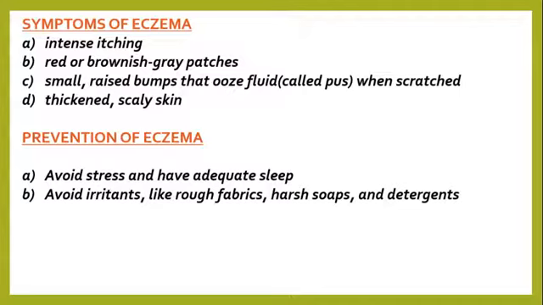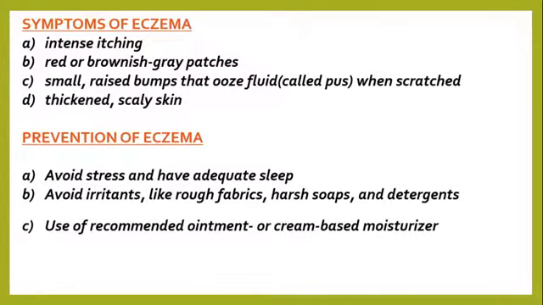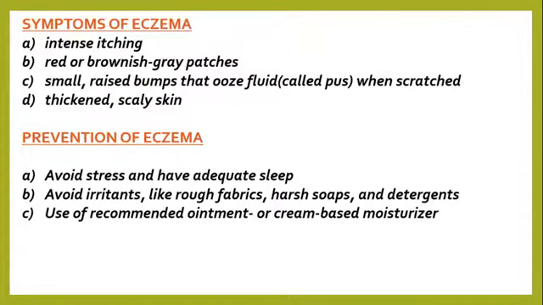And also avoid irritants or chemicals like rough fabrics, harsh soaps, and detergents. And use recommended ointments or cream-based moisturizers. As I said, there are some good cream-based moisturizers which, when used on the skin after bathing, will prevent the occurrence of eczema.